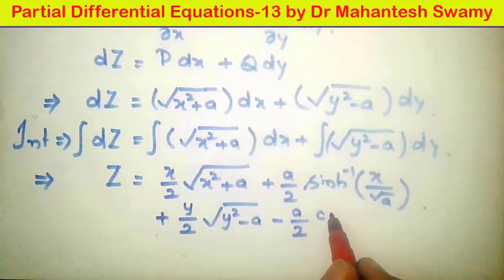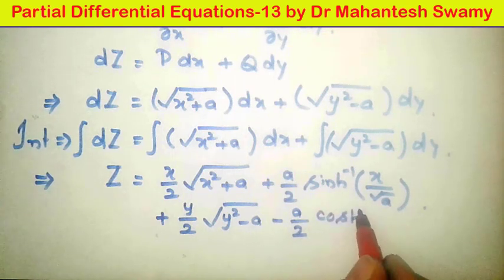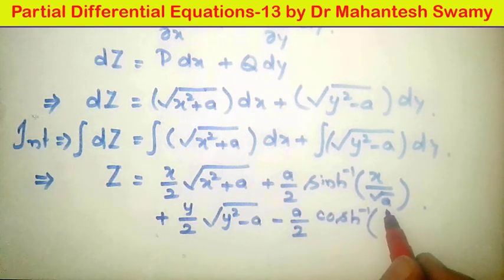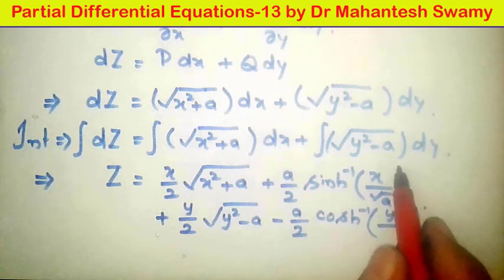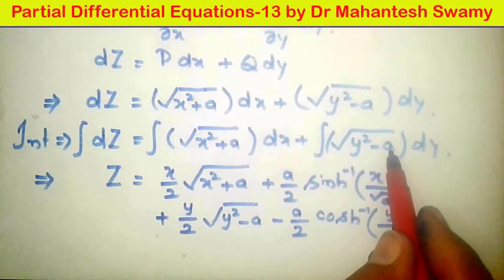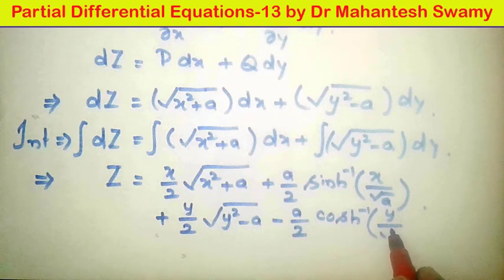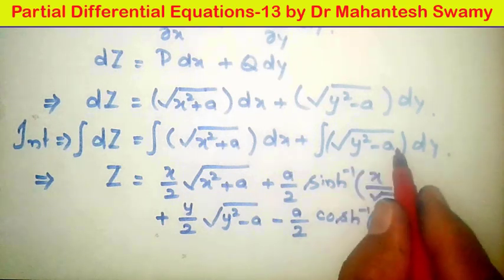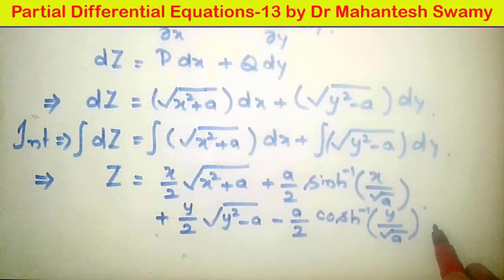And in this case it is cos hyperbolic inverse of y by a. Y by a is in the standard formula, but the value should be root a in this case because the formula is for y square minus a square. That we have to understand, plus the constant of integration c should be taken at the end.